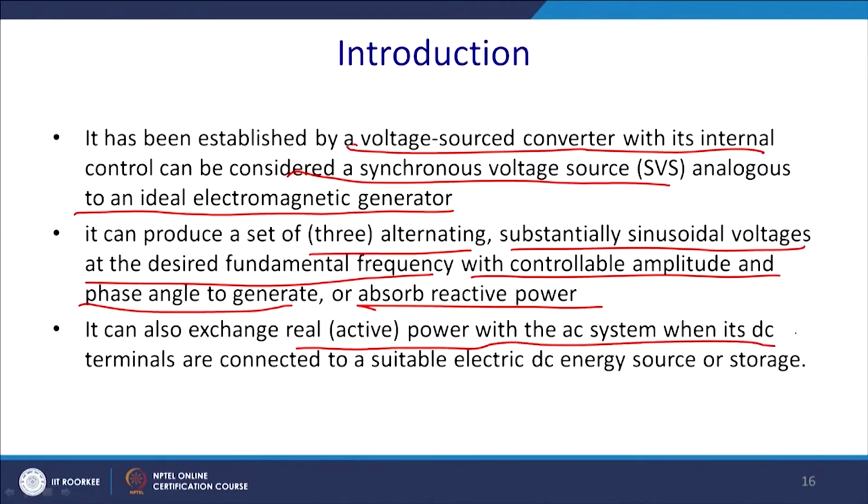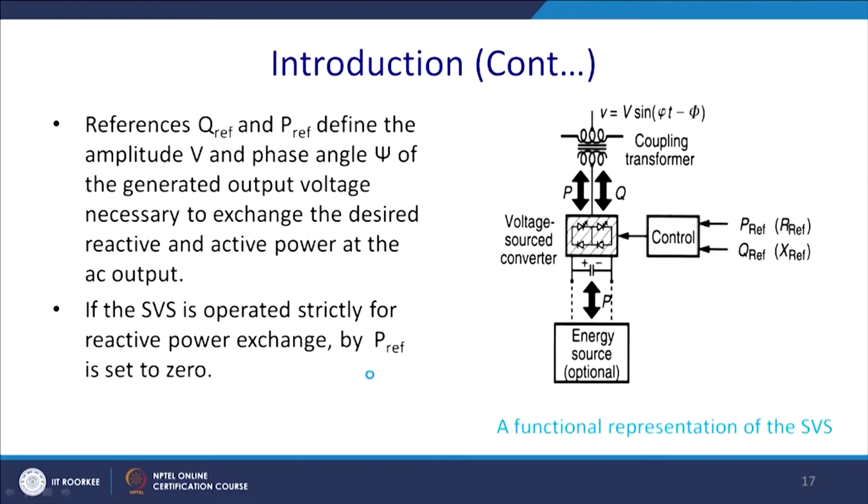It can also exchange real power with the AC system when its DC terminals are connected to a suitable electric DC energy source, a storage cell. Now, this is the configuration. So, ultimately you have a coupling transformer. This is analogous to the STATCOM solution in shunt, but it is in series.